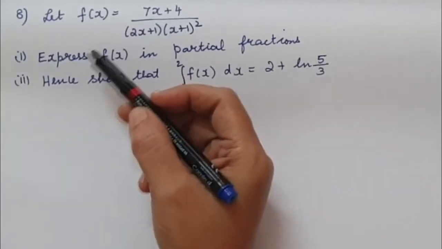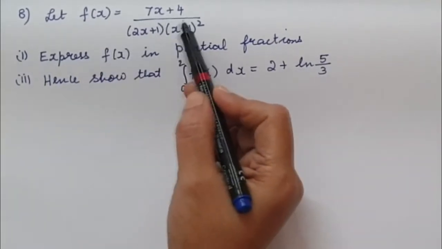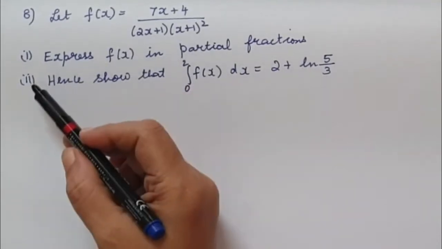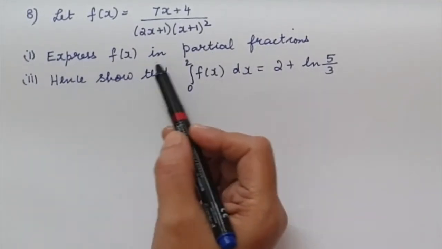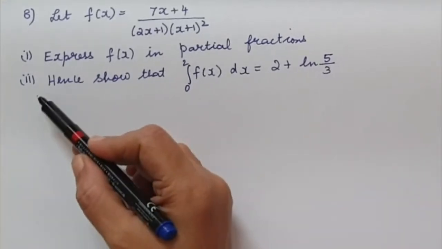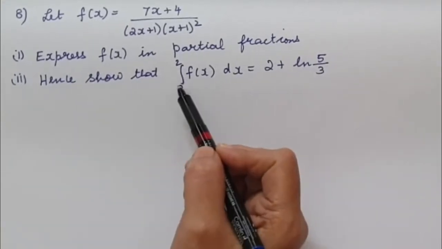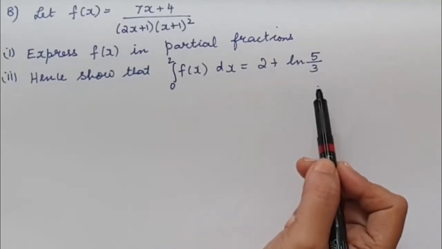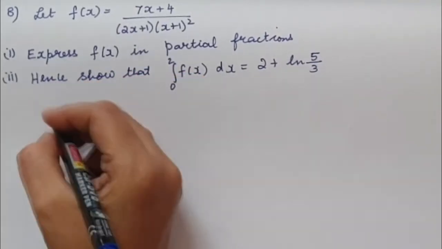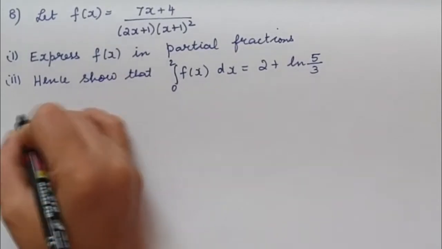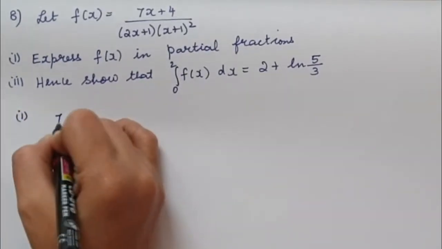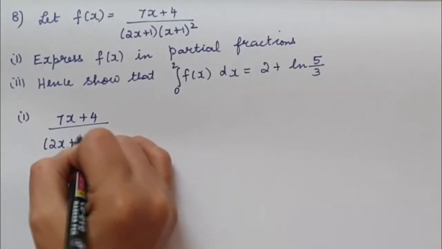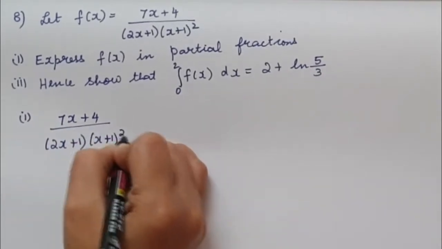Okay, the eighth question. Let f of x equal to 7x plus 4 over 2x plus 1 into x plus 1 the whole square. The first question, express f of x in partial fractions. Second one, hence show that integral 0 to 2 f of x dx equal to 2 plus ln 25 over 3. So now first let us write this expression in partial fractions. The first part, 7x plus 4 over 2x plus 1 into x plus 1 the whole square.